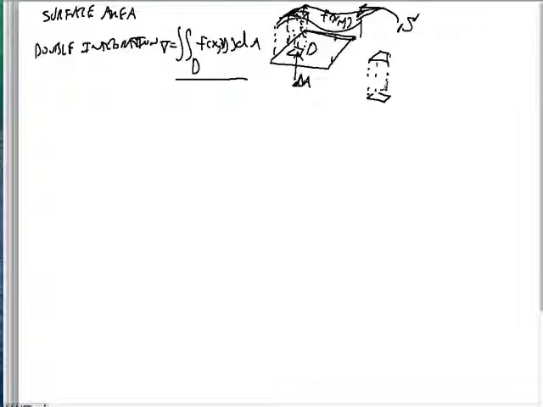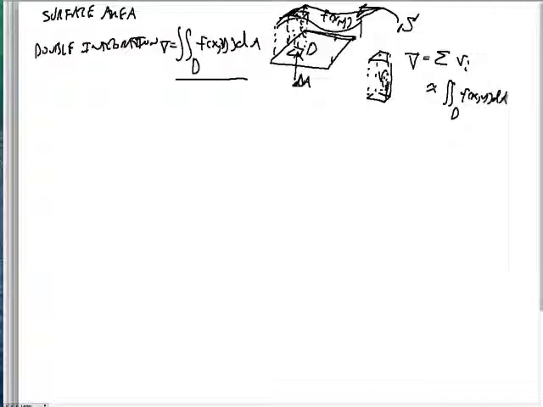That column has some little volume, and the idea is that the integral, this capital volume, is just going to be the sum of all the volumes created by all these little rectangular columns. That's essentially the idea behind double integration.